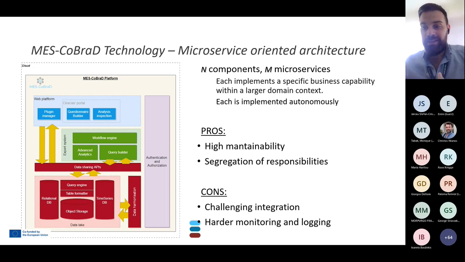Each component can be composed of n microservices, micro building blocks, that create the overall functionality of each component. One of the advantages of this approach is the high maintainability of the platform and the segregation of responsibilities of each component. It means that if something presents any kind of performance or functional problem, it can be picked and solved without affecting the overall functioning of the entire platform.